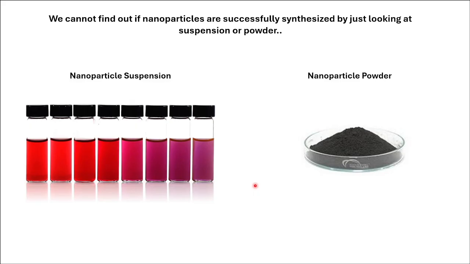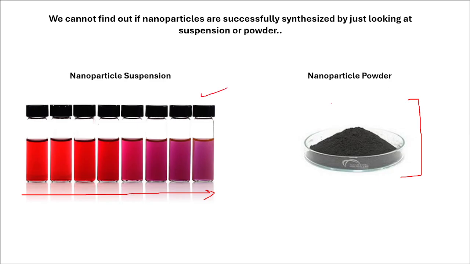Starting off, suppose you have synthesized nanoparticles, as we discussed in the last session, by varying different parameters like the concentration of the precursor, the concentration and amount of the reducing agent, temperature, pH, and a lot of things. Now, at this point, you have these different types of nanoparticle suspension, or maybe, if you have followed different methodologies, you have lyophilized or calcinated the sample, so you have a powder.